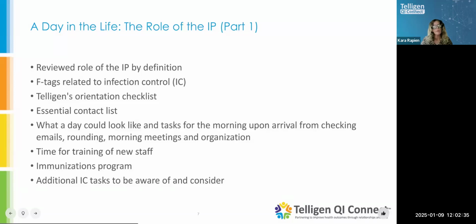We reviewed Telegen's IP orientation checklist. We also went over the importance of having an essential contact list in your role as the IP. And we looked at what a day could look like and the tasks for the morning upon arriving, from checking emails to rounding, morning meetings, and organization. We also talked about time for training of the new staff, your immunization program, and additional infection control tasks to be aware of and consider.